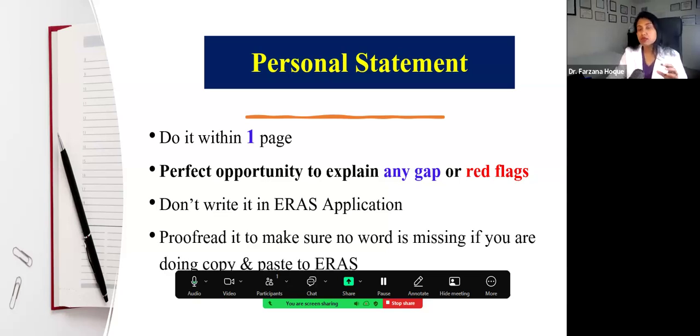Proofread it, because when you are doing copy paste to the ERAS application, again, it does not have any kind of feature that gives you any signal that any word is missing or there is a spelling mistake. So when you are submitting it to the ERAS application, make sure you are proofreading it thoroughly.